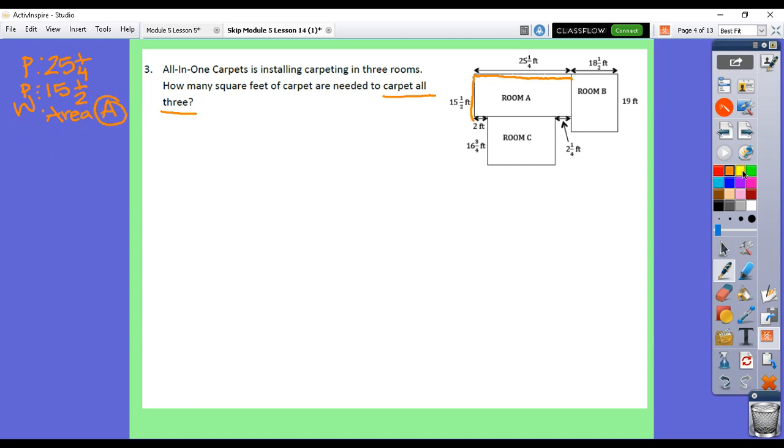Then we have another room, room B, which I have a part of 18.5 feet. That would be our length, and our width of 19 feet. Sorry, that's a little hard to read. 19 feet. And the whole in this case would be the area of room B, which we don't know yet.